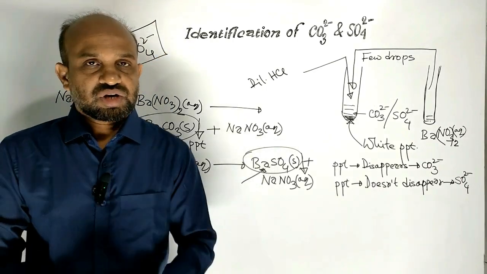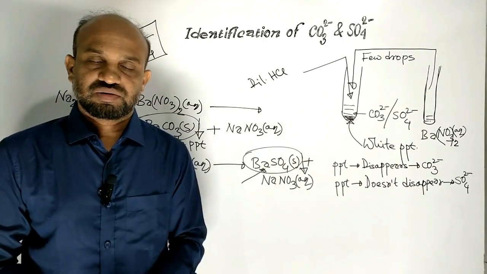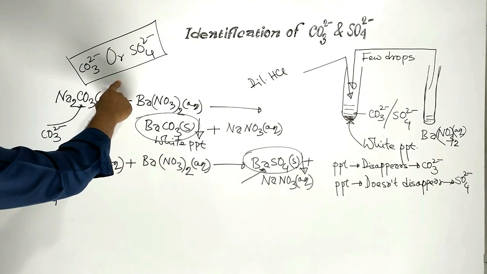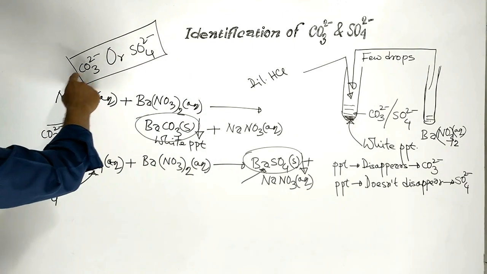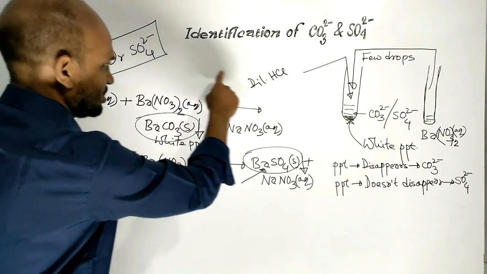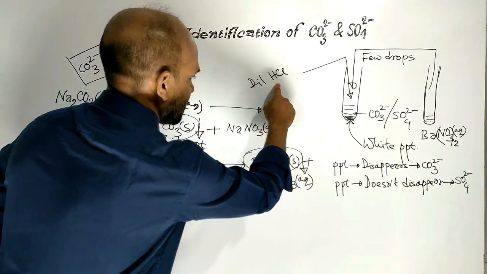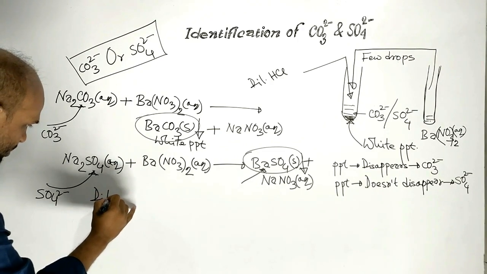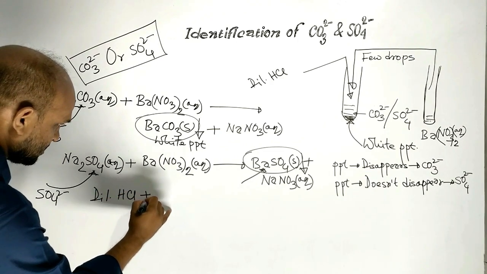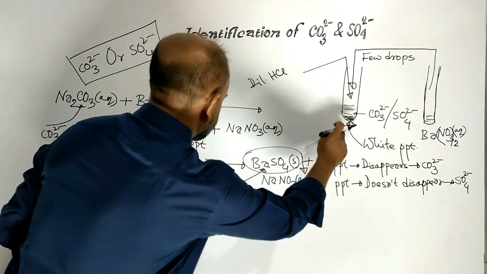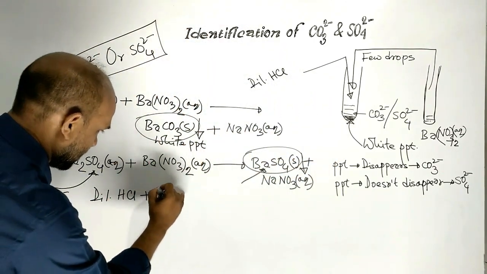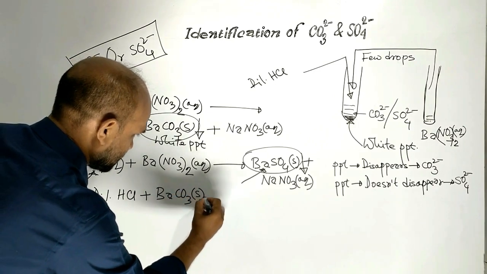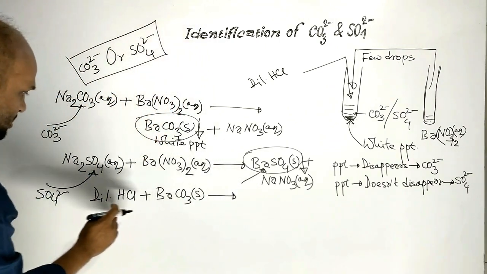Now let us try to know how to distinguish sulfate ion and carbonate ion. Distinguishing between carbonate ion and sulfate ion. For this, diluted hydrochloric acid is added to the solution. Diluted hydrochloric acid is added to this test tube, that is barium carbonate, which is precipitate solid.